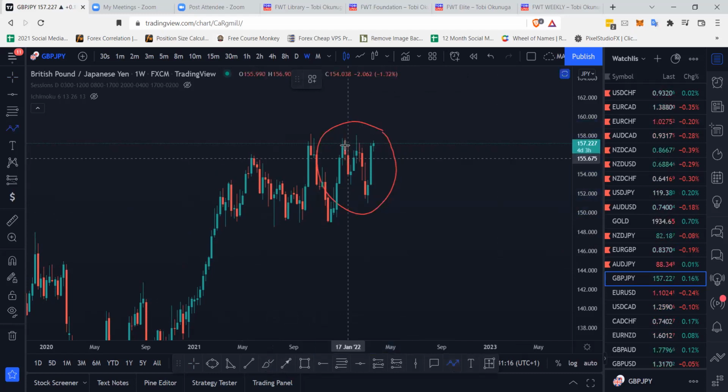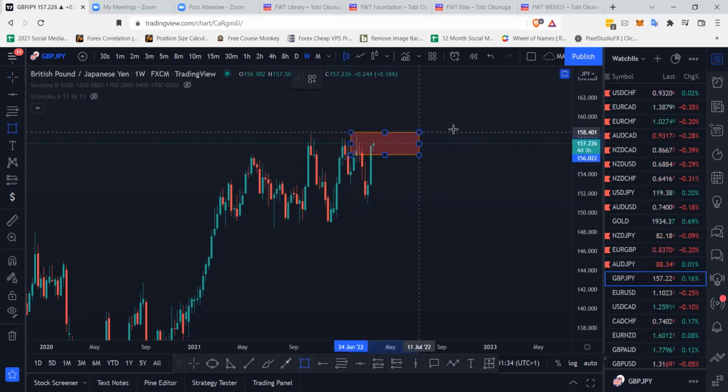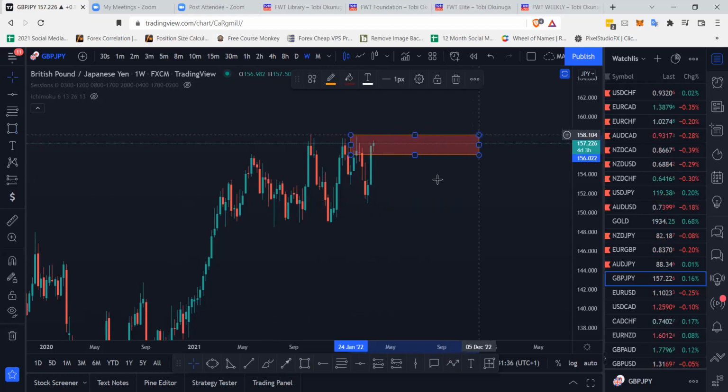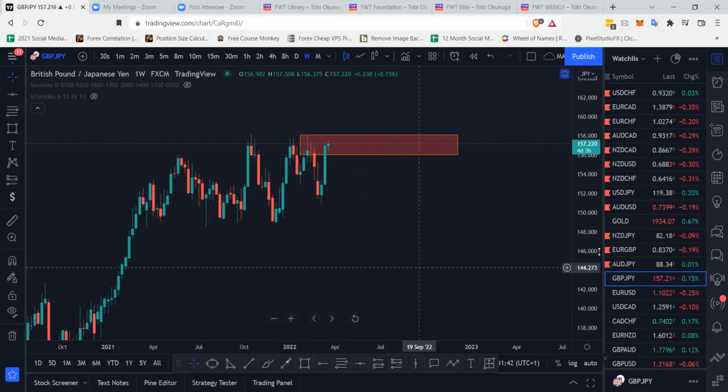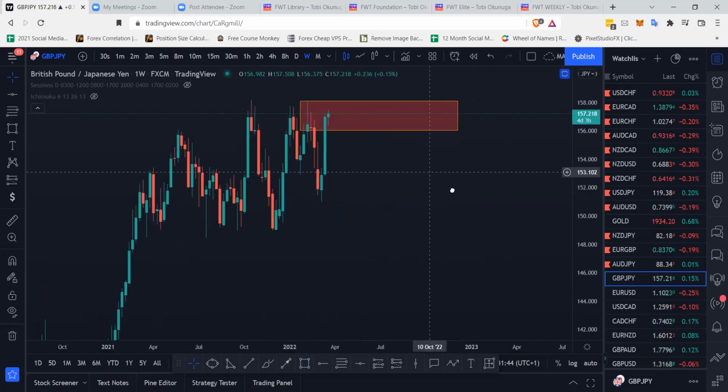On the weekly, I'm seeing impulse, correction, impulse, and price is back to the supply zone, rally base drop. Okay, so let's highlight that zone on the weekly. Also, there's been a struggle for price to break the zone.